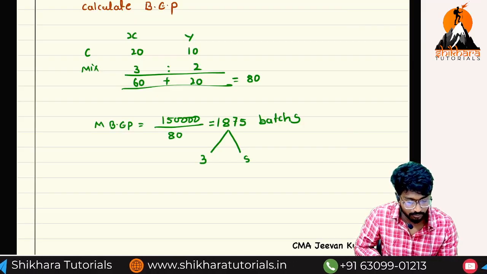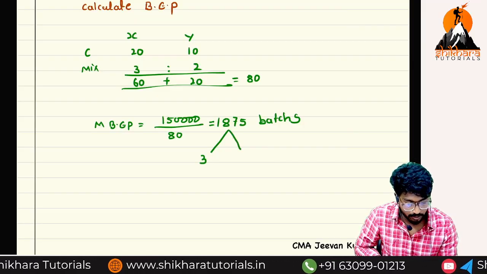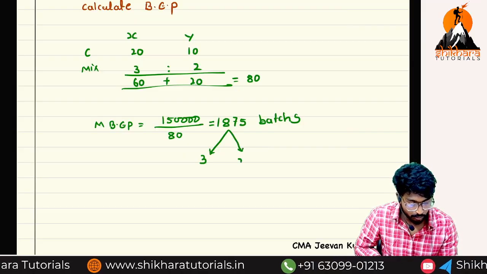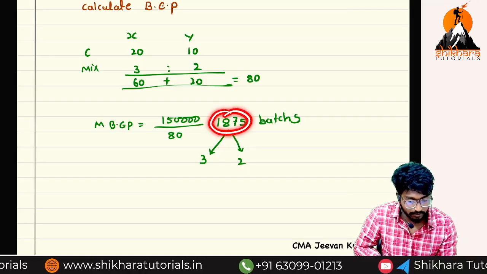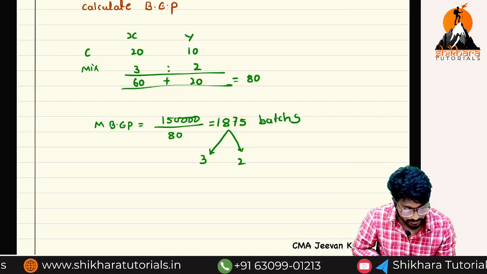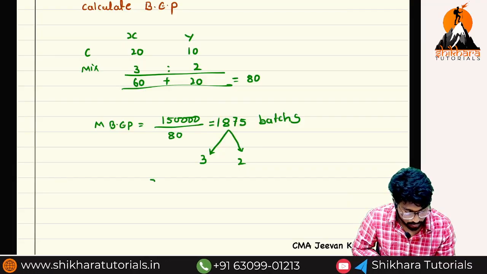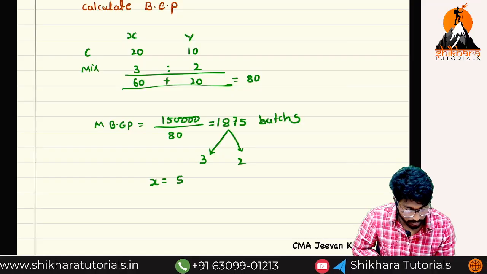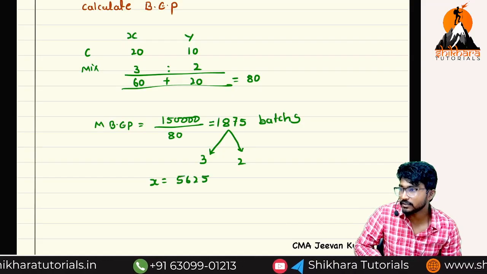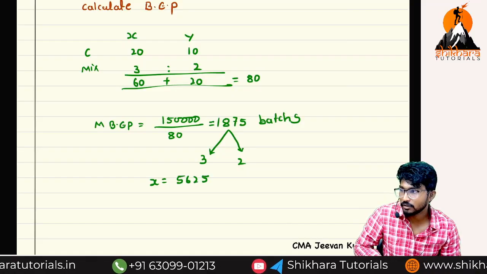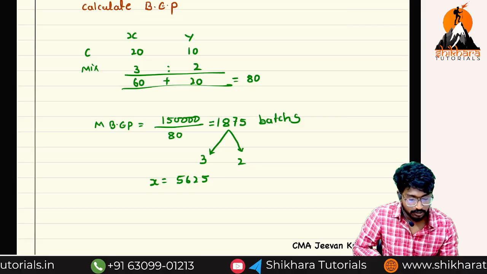How many units of Y? 2 units. Am I right? Now 1875 into 3, how much? X is equal to 5,625. Y consists of how many? 3,000.